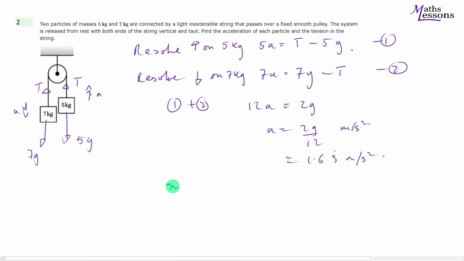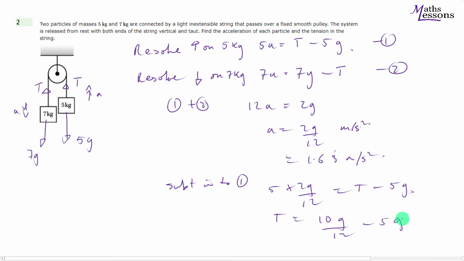So we substitute that answer, 1.63. Let's put it into equation 1, shall we? So we get 5 times 2g over 12 equals T minus 5g. So T will equal 10g over 12 plus 5g.